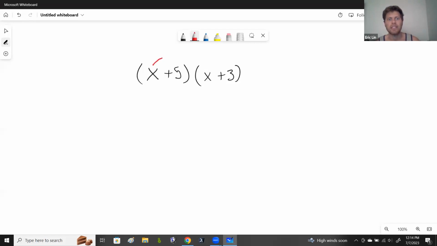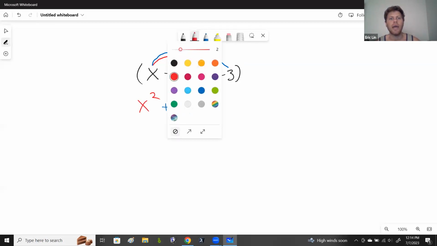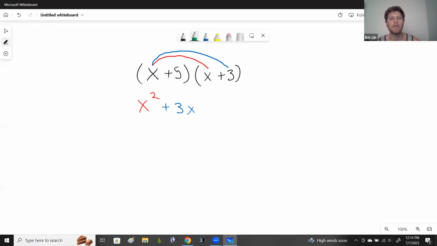Let's say we have x times x to start. So that is x squared. We then have x times 3, which is 3x. We then have 5 times x, which is 5x.